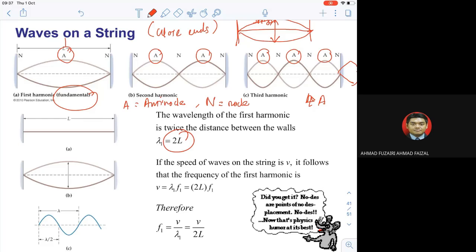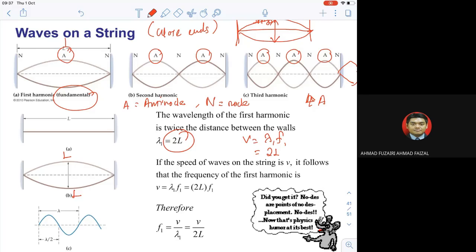It's as if it goes L and comes back L, so 2L. If the speed of the wave on the string is V, then for the first harmonic, V equals lambda 1 times F1. What is lambda? Lambda is 2L. Remember, the wavelength for the first harmonic is 2L.